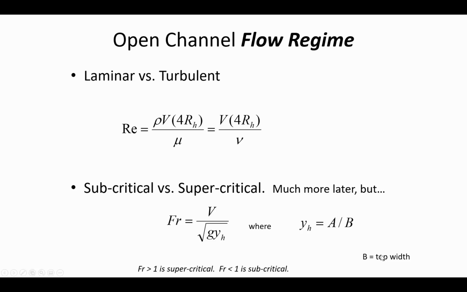So if you have a rectangular channel, the hydraulic depth is the flow depth. But if you have a non-rectangular channel, like if it's trapezoidal, then you have to calculate the equivalent depth that it would be if it was rectangular. So hydraulic depth is the cross-sectional area divided by the top width. With this simple Froude number calculation, you're going to classify whether the flow is supercritical or subcritical for one of the problems on the homework.